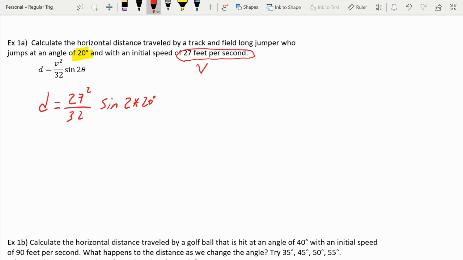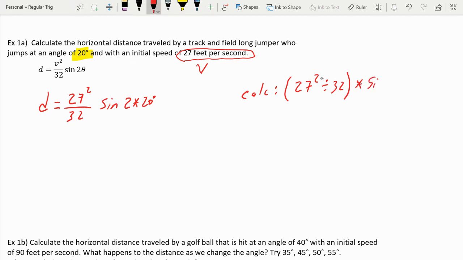Now, you can just plug this whole thing in on your calculator. Like the calculators I let you use in class, you're going to open a parenthesis, do 27 squared divided by 32, close the parenthesis, and then times.